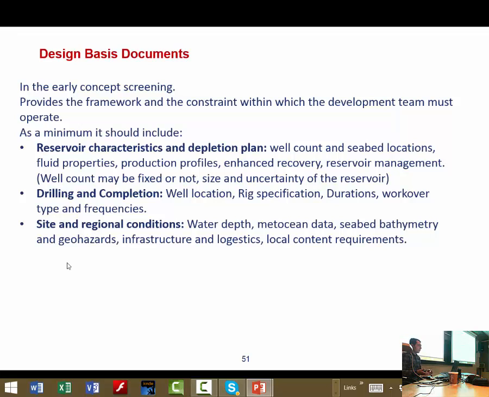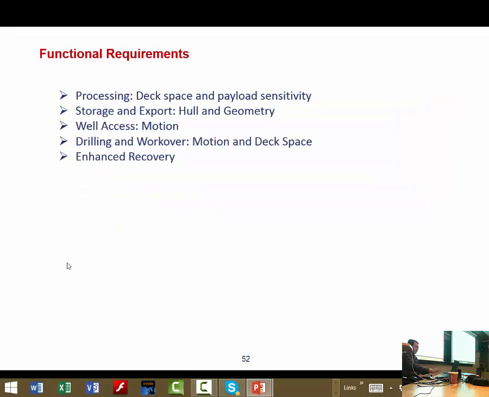For example, for our company as a contractor, the first document we receive from any operator is the basis of design, where everything is clear enough, and then we review this document and we ask the operator whether we need more extra data or not. So this document usually, as a minimum, should include this information: reservoir characteristics and depletion plan, drilling and completion, and site and regional considerations.